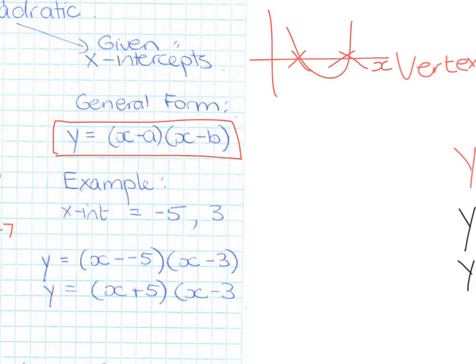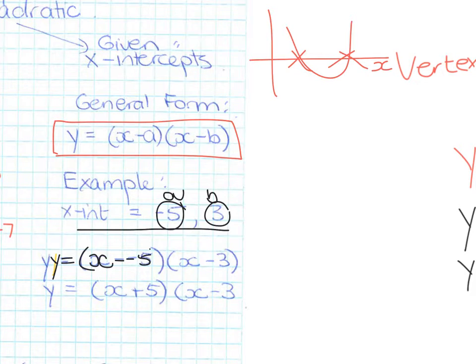So if we've got our x-intercepts, -5 and 3, we'll call one of them a, we'll call one of them b. And then we put them into the formula. y equals x minus a, that's x minus -5, times x minus b, x minus 3. Then, because minus minus is a plus, we get that as our result.